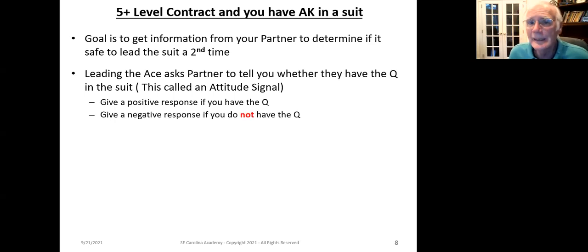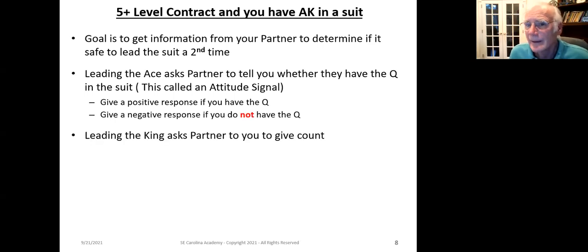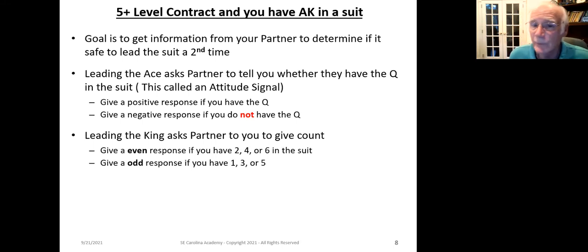The second one is count. Let's say it's an unbid suit, and what you want to know is, is there a reasonable chance they overbid their hand and you have two quick losers? So if you look at your hand and you've got three and the dummy has three, and your partner can give you a count of how many cards they have in their hand, whether it's positive or negative, you can make some interpretations as to whether the declarer might have another one in their hand.